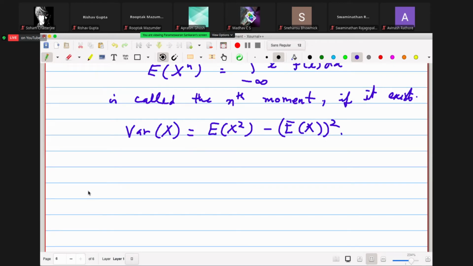And we have this lemma exactly as in the discrete case: let Y equal g of X, where g is a suitable function.